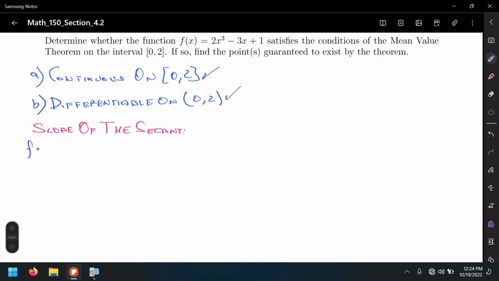So f of 0, that's going to be 0 cubed minus 3 times 0 plus 1, that equals 1. All right? F of 2, that's 2 cubed minus 3 times 2 plus 1. Okay, so that's 2 cubed, which is 8. 16 minus 6, isn't that a 10? Plus 1? Isn't that an 11?